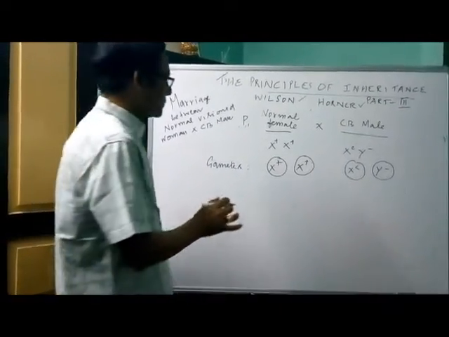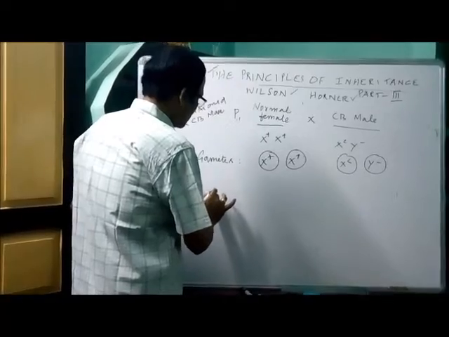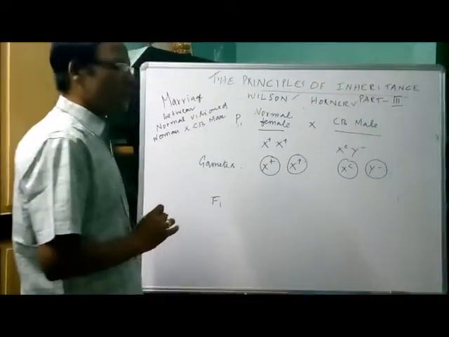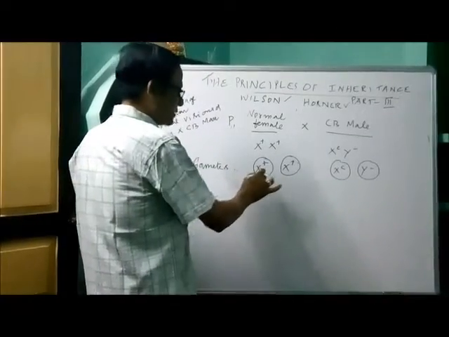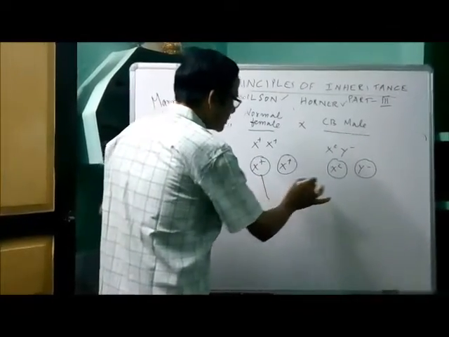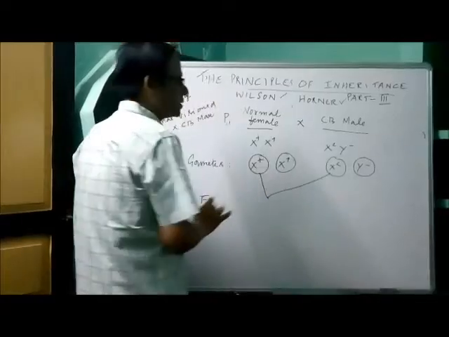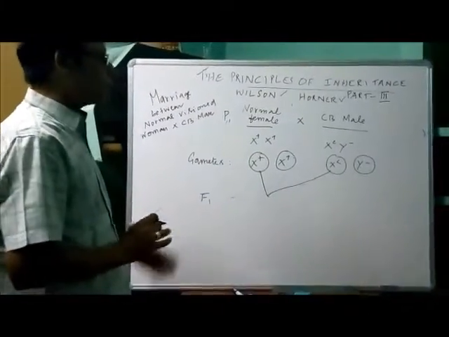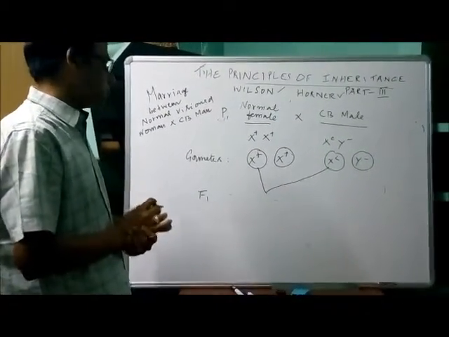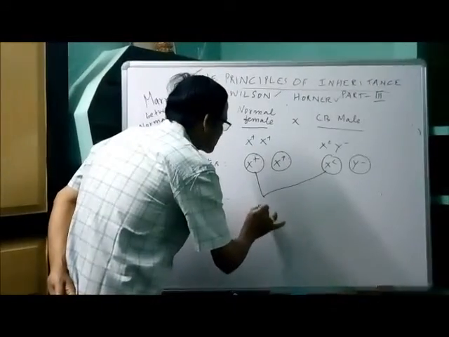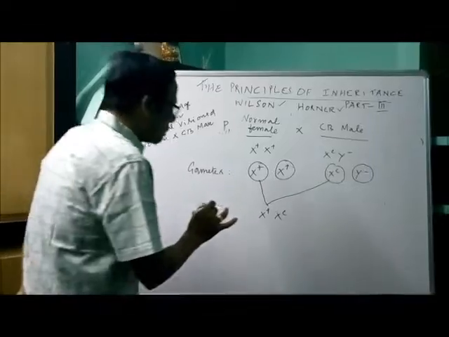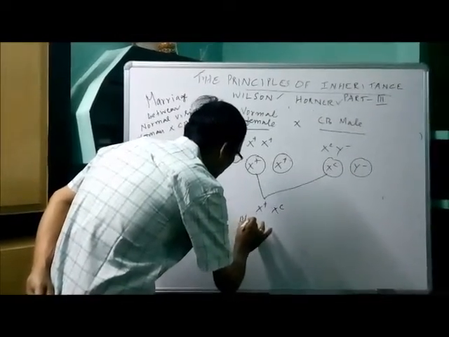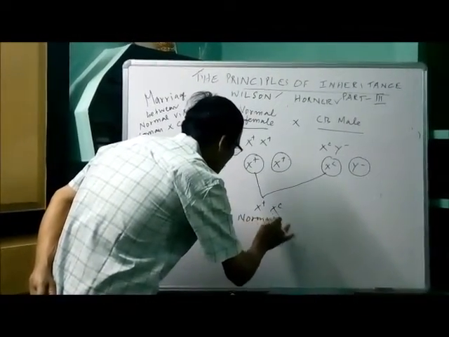Now suppose we look at what is happening in the first generation, or F1 generation. If the egg is fertilized by the sperm having the C gene, we get a normal but carrier female.